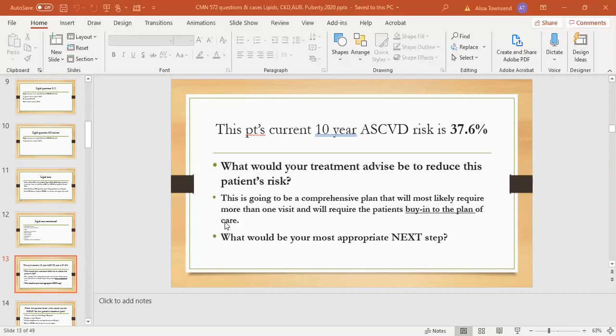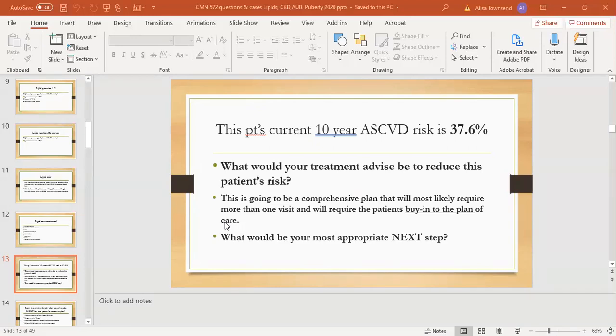All right. So we're going to think about some of these things, and we're still on the lipids. Some of these things are going to be stuff you can do in one visit. And I think that's mostly the takeaway with this, is what I want you to see.